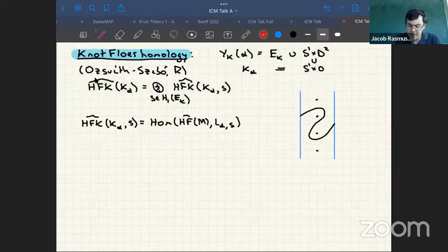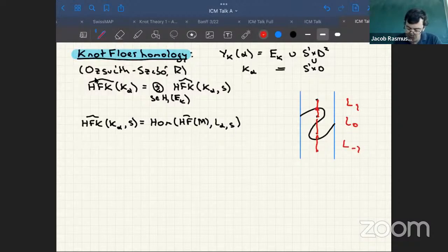And how do I get this knot Floer homology out of our picture? Well, what I do is I pair with some non-compact Lagrangians, which in this picture I would call L0, L1, L minus 1, running between the punctures like this, and with that same slope, alpha.